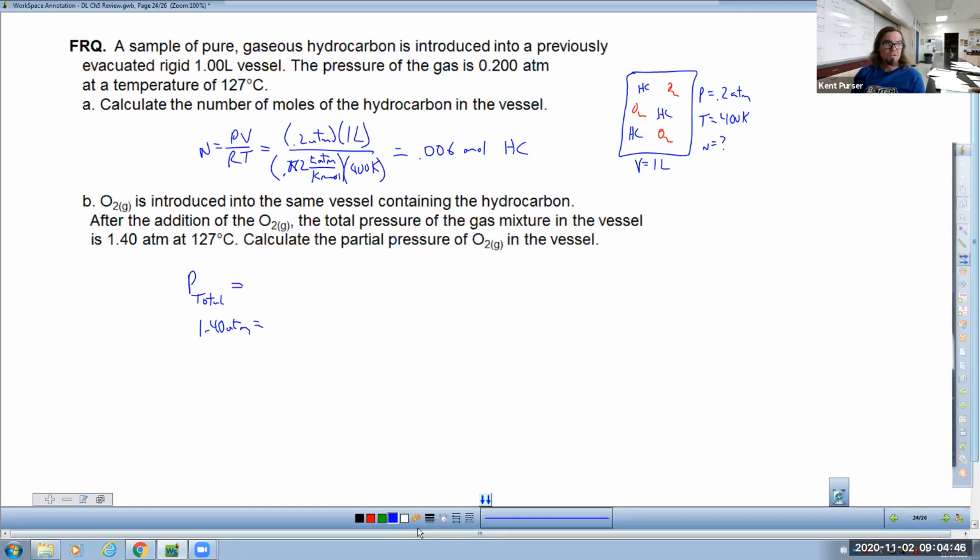Calculate the partial pressure of the oxygen in the vessel. Come on, piece of cake. You were all thinking that, right? Pretty easy stuff. These FRQs should not be outside of our wheelhouse.